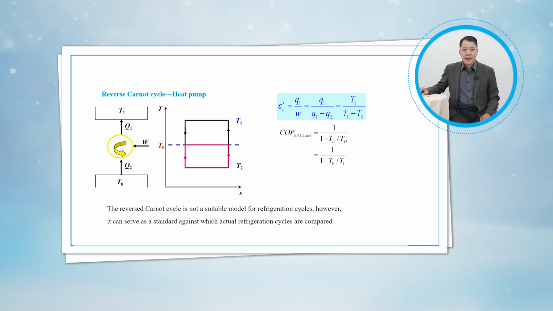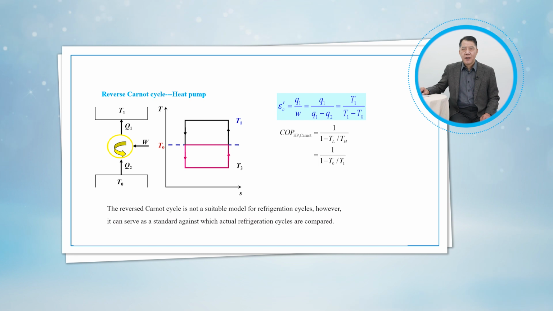It seems as if these problems can be eliminated by executing the reversed Carnot cycle outside the saturation region. But in this case, we have difficulty in maintaining the isothermal conditions during the heat absorption and heat rejection processes.